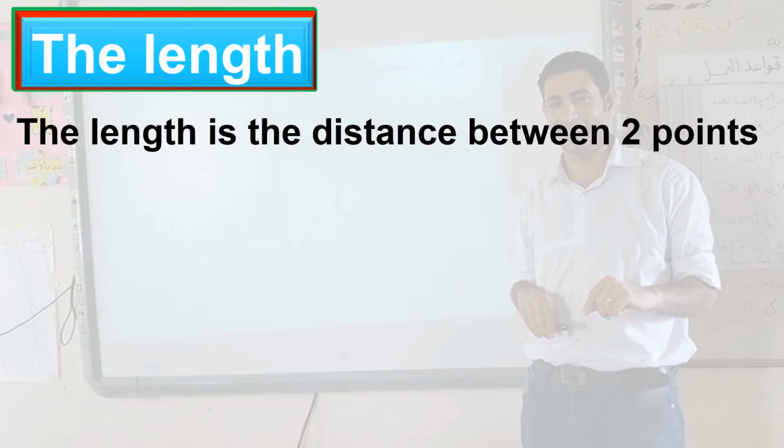First, we will study the meaning of length. The length is the distance between two points. يعني الطول أو المسافة هو عبارة عن المسافة بين نقطتين محددتين. Like the point A and the point B, the distance between them called the length of line segment AB.